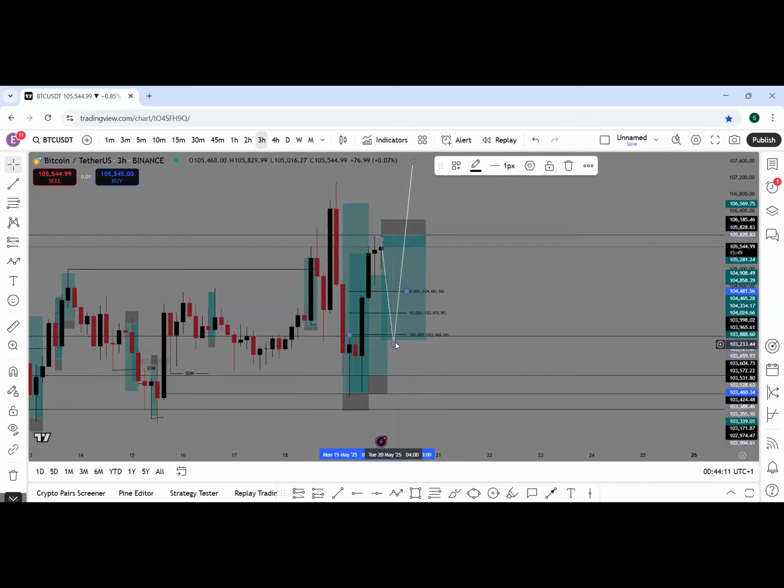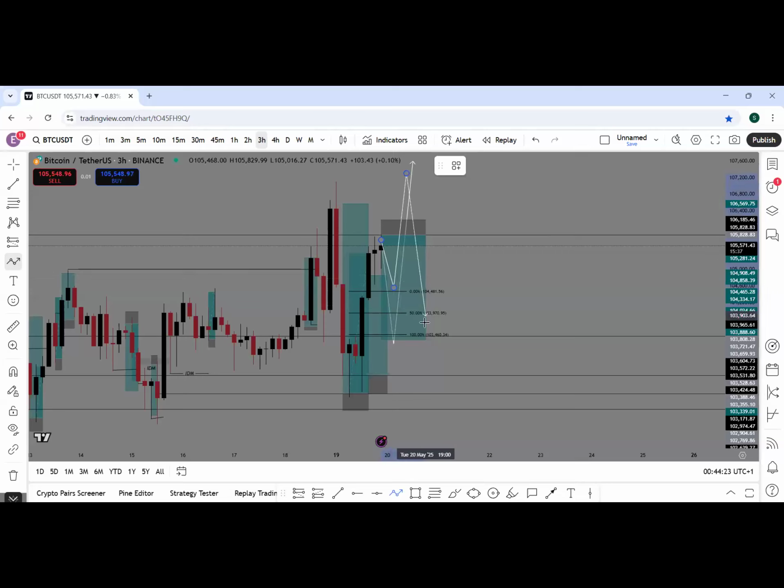So price should come down here, take it out, or it might not even come down there, or do something like this and take out this liquidity here. If price does something like this and takes out this liquidity here, then it will be selling. That should be your exit point if at all you want to sell from there. You know where to exit.